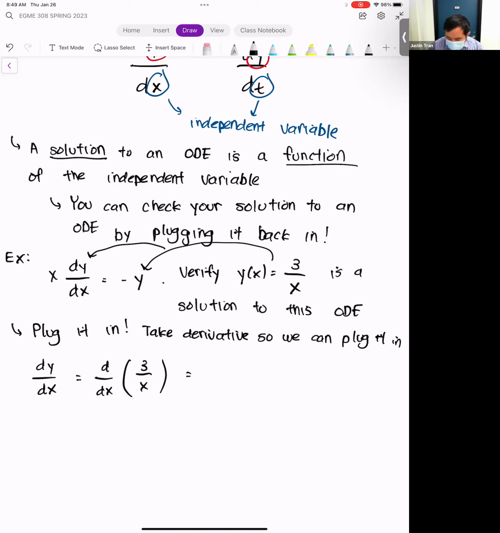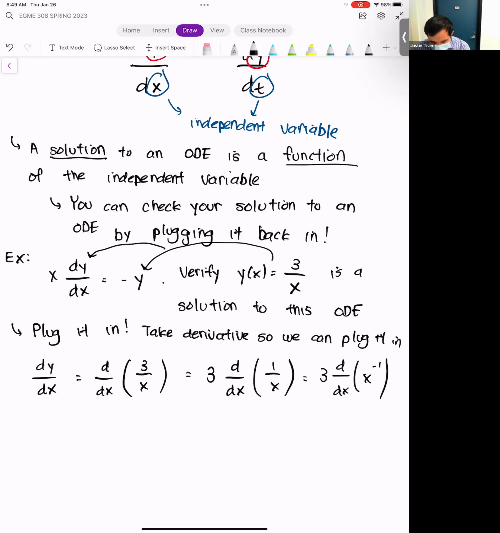We want to take the derivative of 3 over x. The 3 is just a constant, so let's bring that out: 3 d/dx of 1 over x. Another way that we can express 1 over x, a little bit easier, is x to the minus 1.